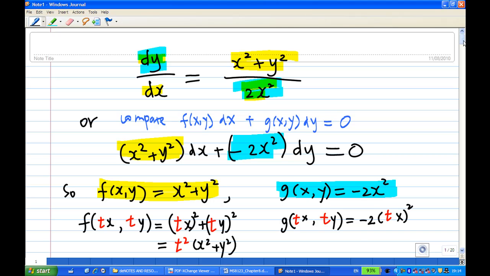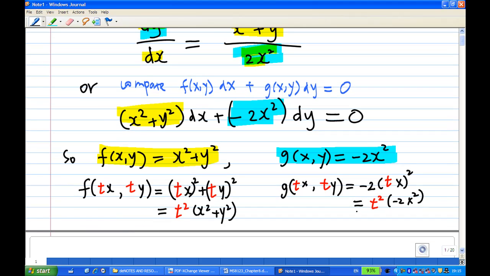After you do that, you pull out a t squared, left with minus 2x squared, and this is equal to t squared times g(x,y).